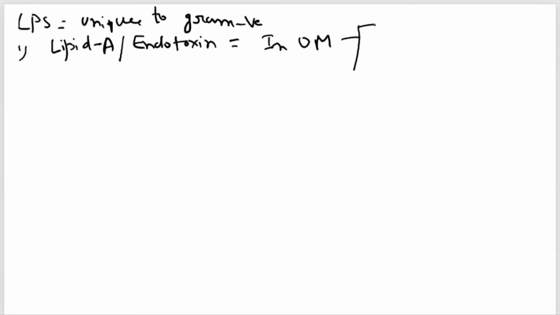You will understand it later when we go into detail about the individual groups of bacteria: gram positive cocci, gram negative cocci, gram positive and gram negative bacilli. We will learn gradually that this lipid A or endotoxin is responsible for pyrogenicity.